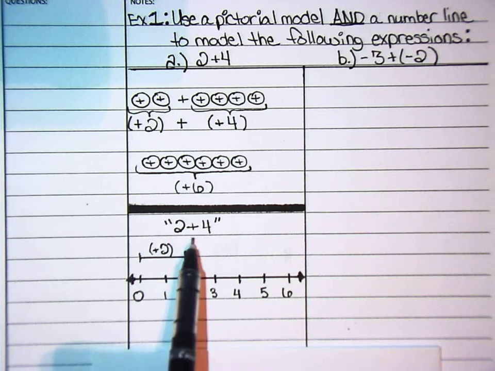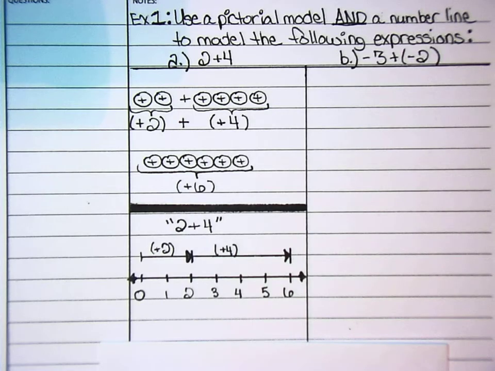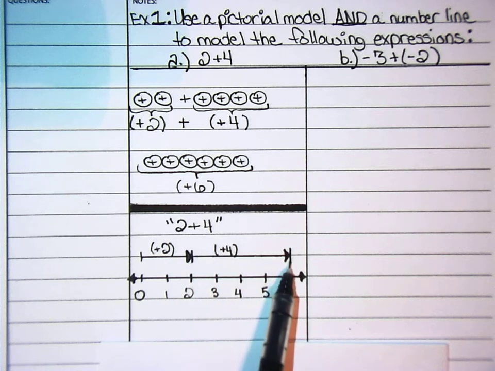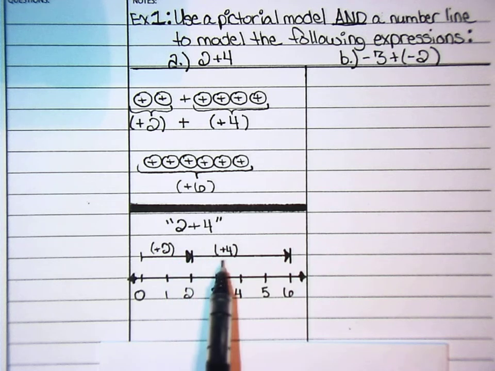Now with this line, I'm going to join another segment. This next line segment will begin exactly where I left off at positive 2 and go 4 spaces in the positive direction because it's a positive 4. So I continue on 1, 2, 3, 4. I make a line to show that I stopped and an arrowhead to show the direction I traveled. I came from 2, I went 4 steps to the right and landed here.